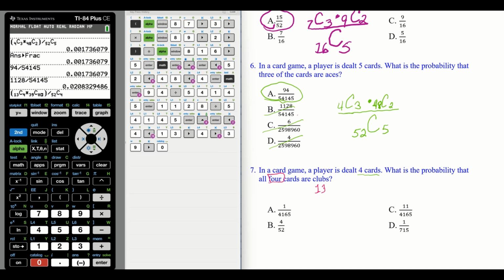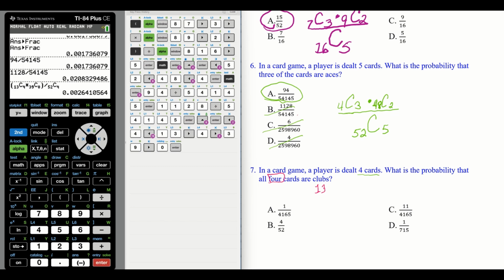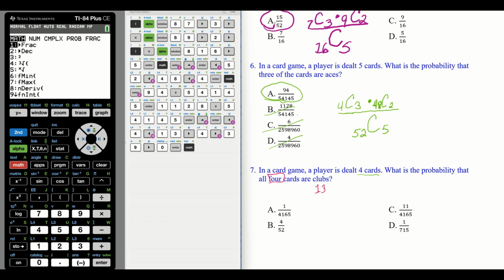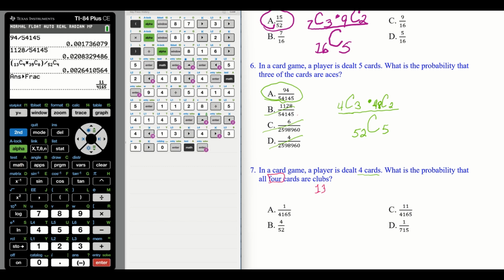None of them. 0. We're talking about, hey, these are all that we selected. So enter. That gives us a decimal. We need a fraction. Let's see if it'll give us a fraction. Enter, enter, and it does. That is option C.